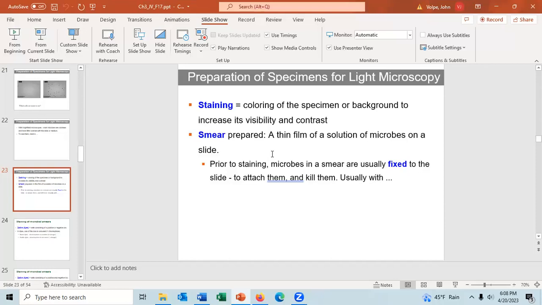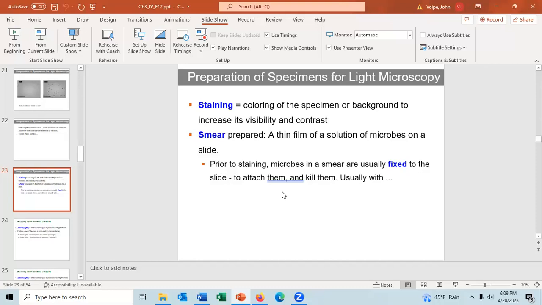Prior to the staining, we make a bacterial smear, and then usually we fix the bacteria on the slide by air drying the specimen and then heat fixing the slide. That makes the bacteria stick to the glass. And that way they will not wash off by the staining procedure that follows making the bacterial smear.